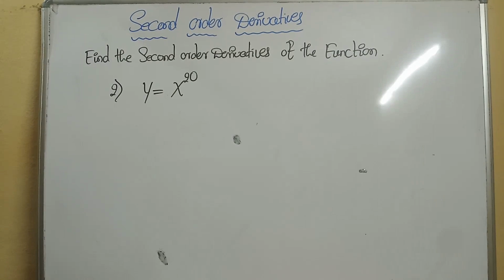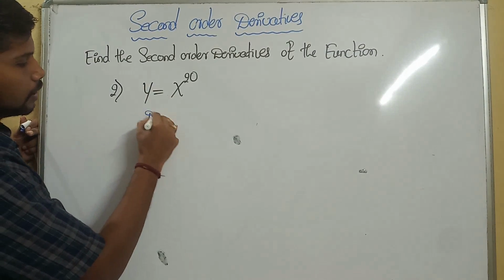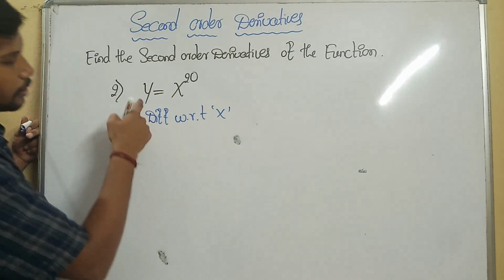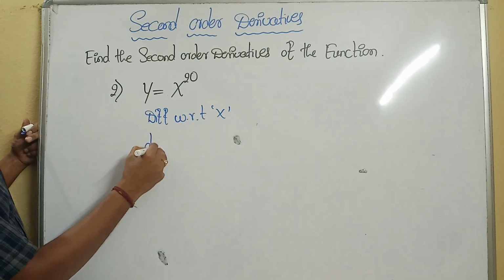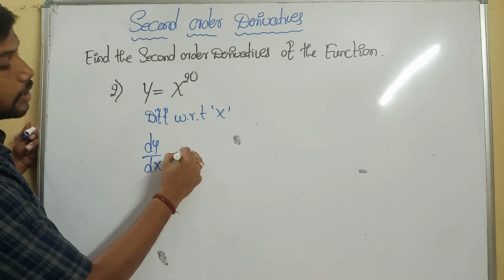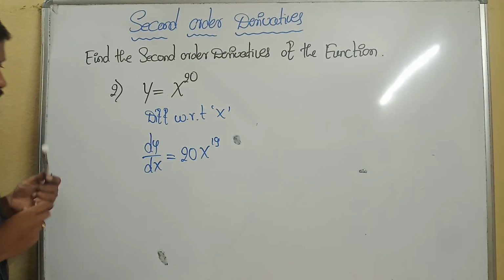The next example is y is equal to x raised to 20. Differentiating with respect to x, y derivative with respect to x is dy by dx. The derivative of x raised to 20 is 20 x raised to 19, using n into x raised to n minus 1.